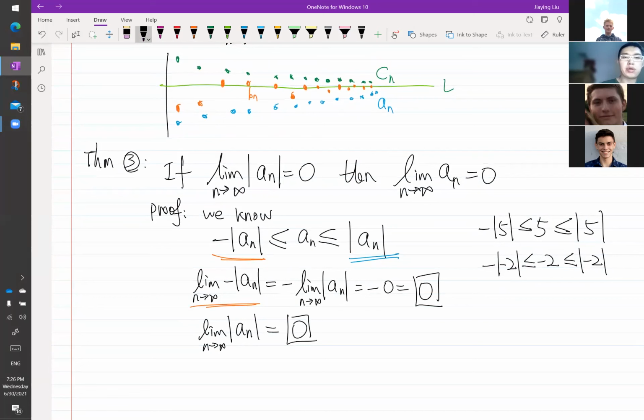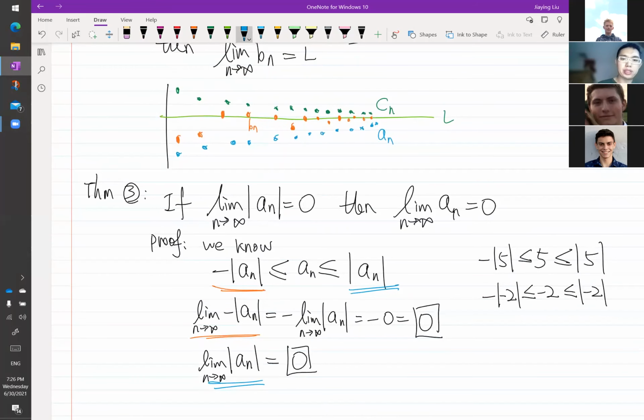So basically what I'm showing here is that the limit of this lowest value sequence is always 0, it's always approaching 0. This limit is also approaching 0. If the lower sequence has a limit of 0, then the higher sequence also has a limit of 0.